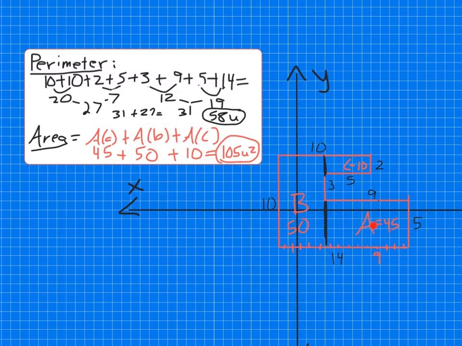So you can see that my area of A was a 9 by 5. 9 times 5 is 45. Then I had a 10 by 5, which is 50. And I had a 5 by 2, which is 10. And when I add those together, I get 105 units squared.